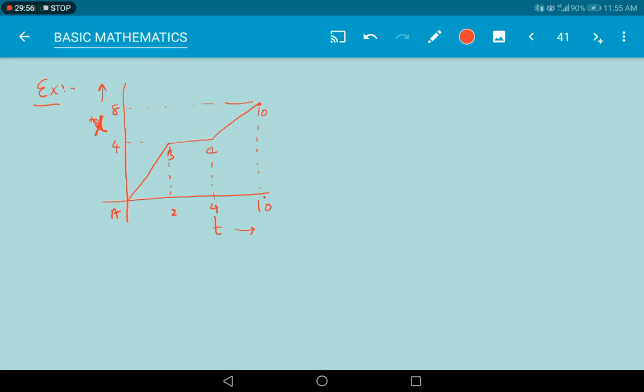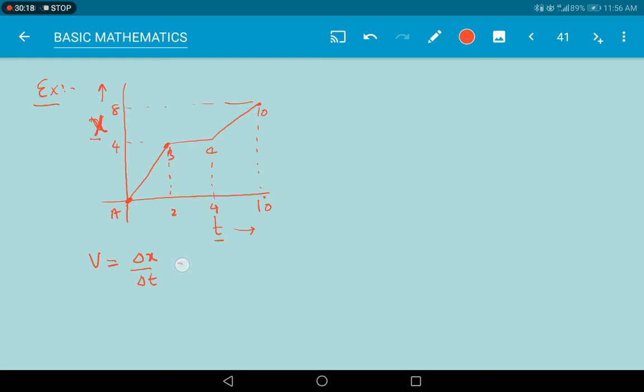So they are asking what is the velocity of the body in the region A to B. In the region A to B, simply the slope of the position time graph gives velocity. So we can find v equals delta x by delta t.